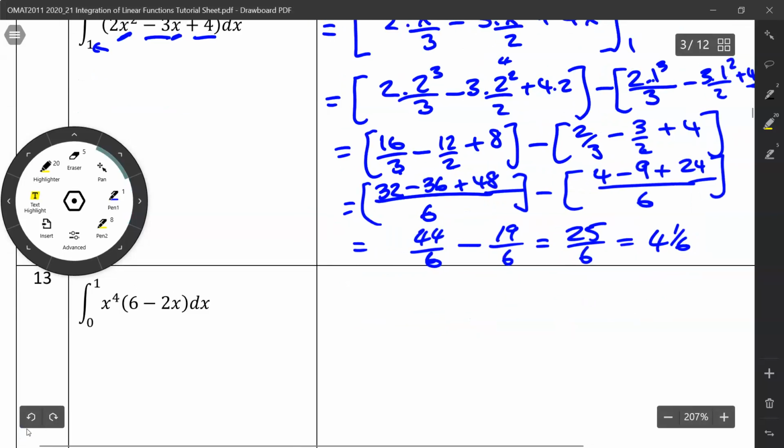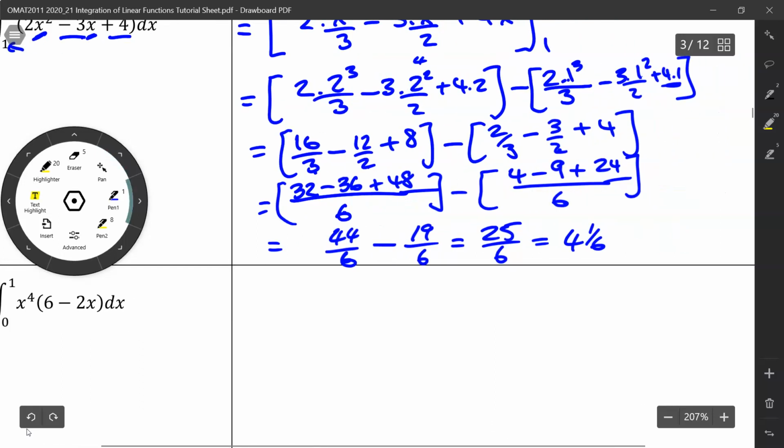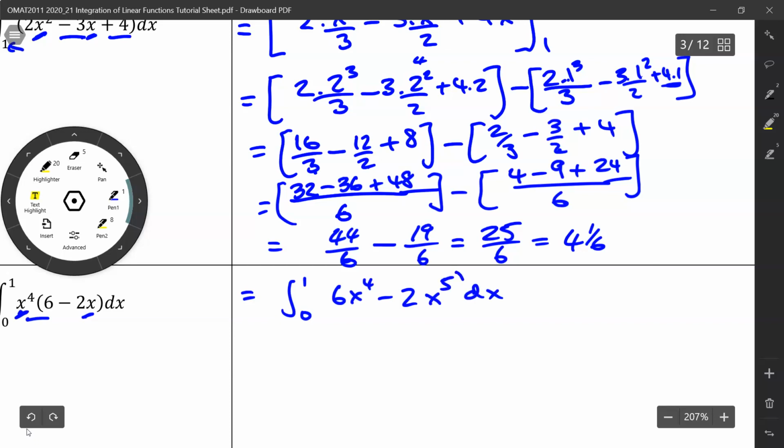This one here is equal to the integral from 1 to 0 of 6 times x to the 4, so multiply these two together, minus 2 times, and it's x to the 4 times minus 2x, so it's minus 2x to the 5 dx.